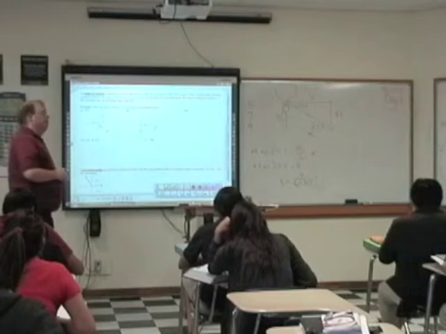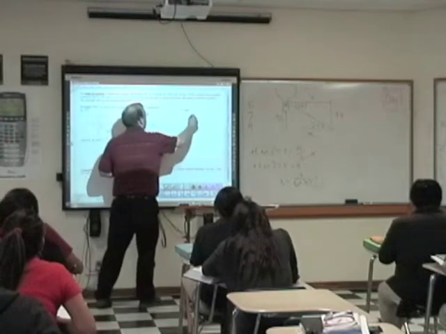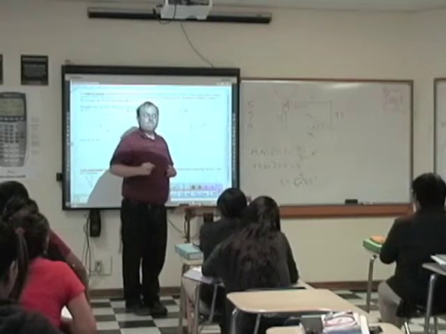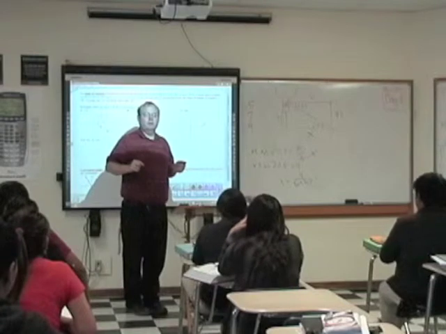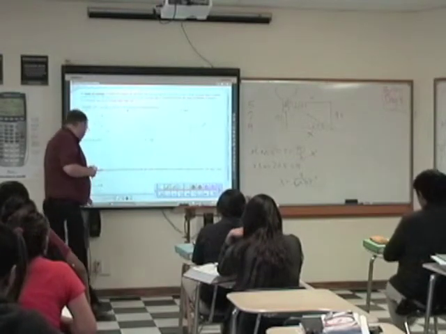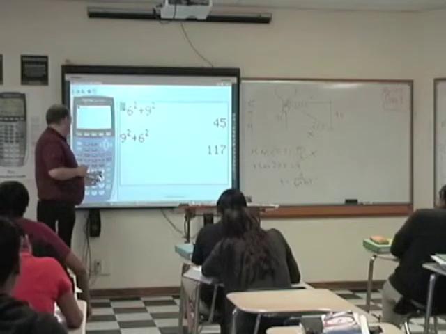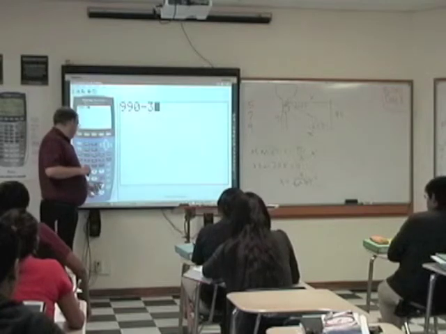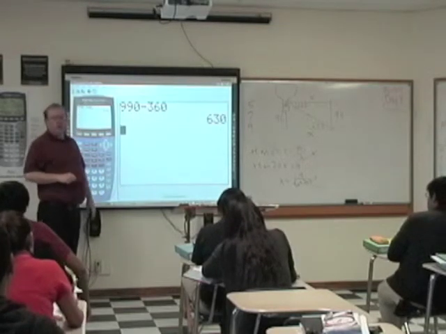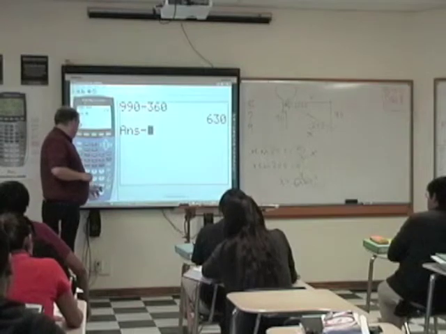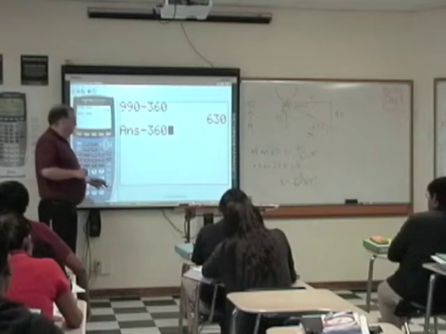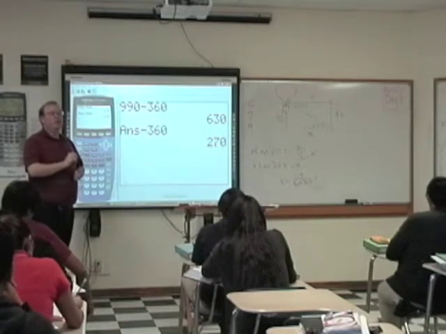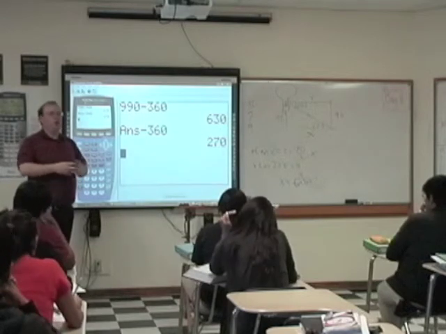All right, 990. Does anybody know, just looking at 990, where it goes on the graph? I don't. Well, let's try it here. 990. So what am I going to subtract from 990? Do I know where 630 goes on the graph? So I'm going to subtract. Do I know where 270 is? How many times around the circle did I go? 2 3/4.